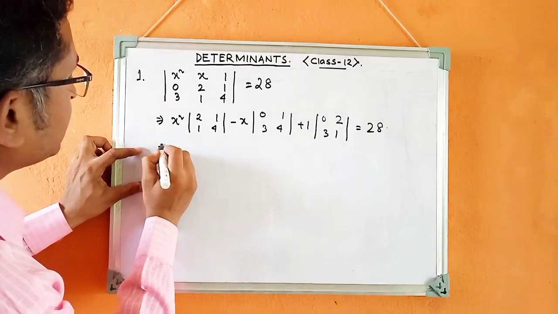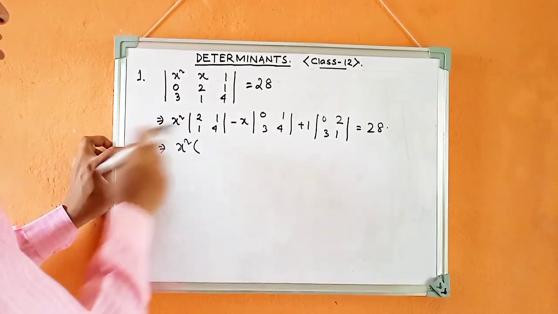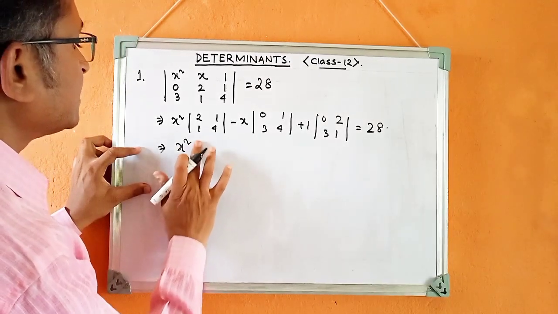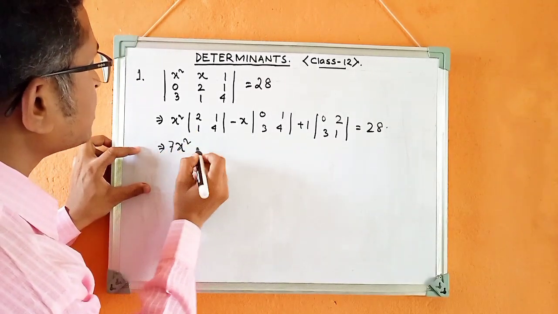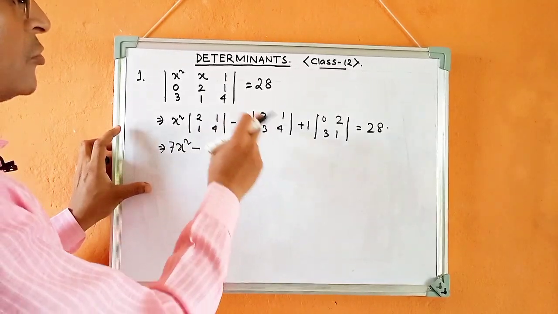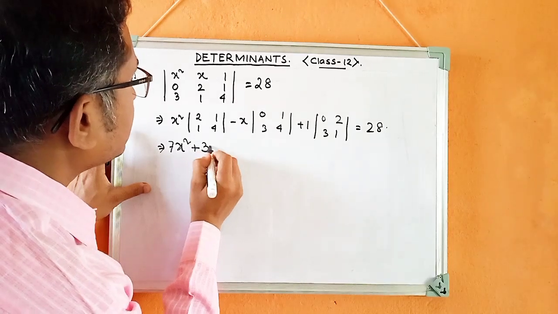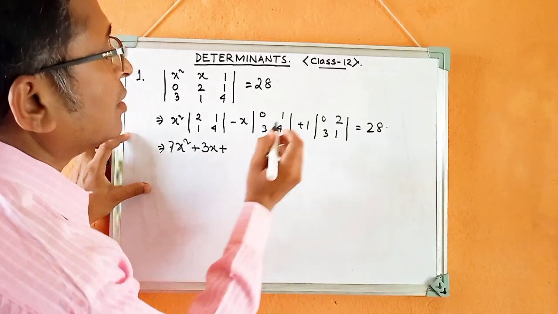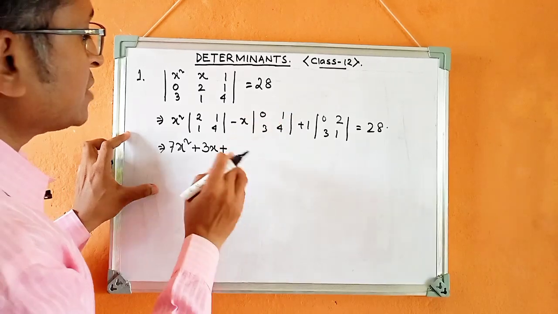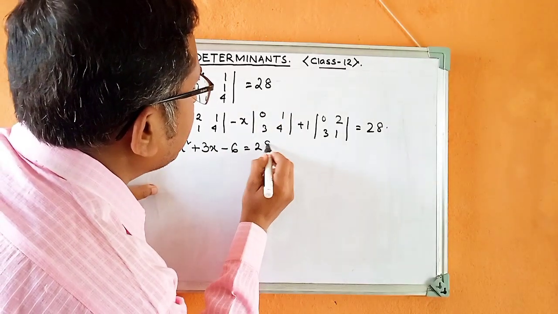Now here x square into 4 times 2 is 8, minus 1 times 1, so 8 minus 1, that is 7, so 7x square. After that minus x into 0 minus 3, that means plus 3x, then plus 1 into 0 minus 6, that is minus 6, is equal to 28.